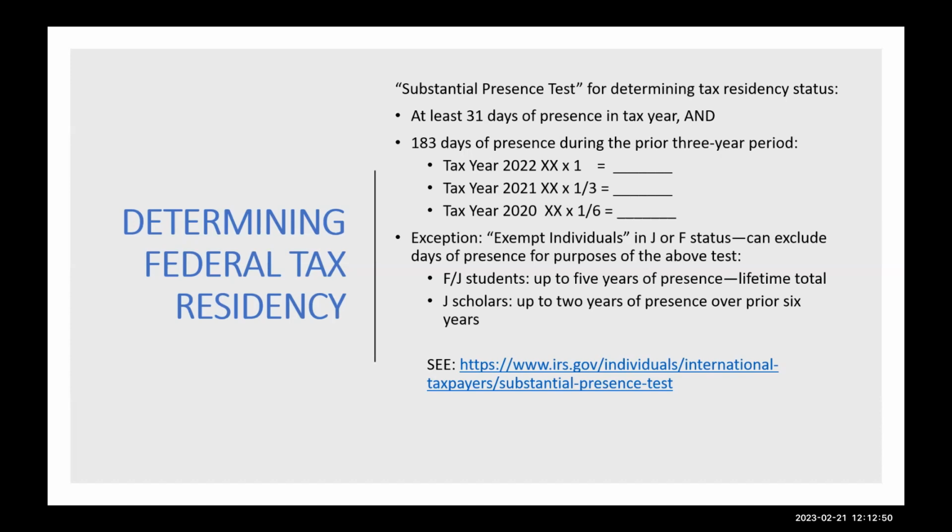And then they look at the year before that, 2020, and only count 1/6 of the days. So that's the rather strange formula that our federal government uses to determine if you are resident aliens or non-resident aliens through the substantial presence test.